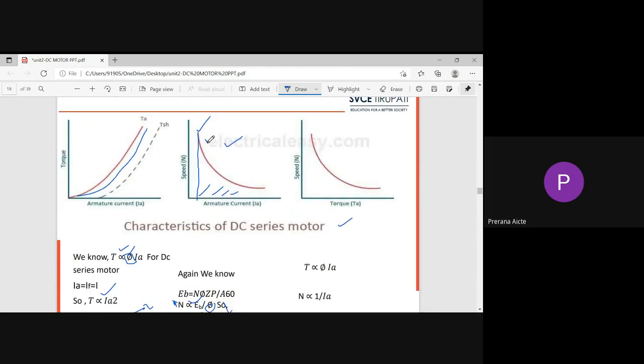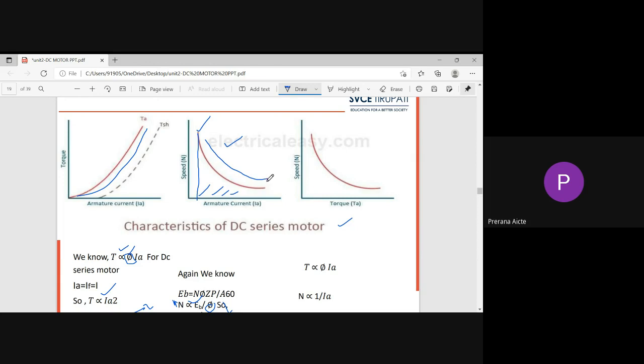This is the speed reduction here. When load increases, load current increases, series field flux increases, and speed reduces. So these characteristics are the speed versus armature current characteristics. Very, very important.